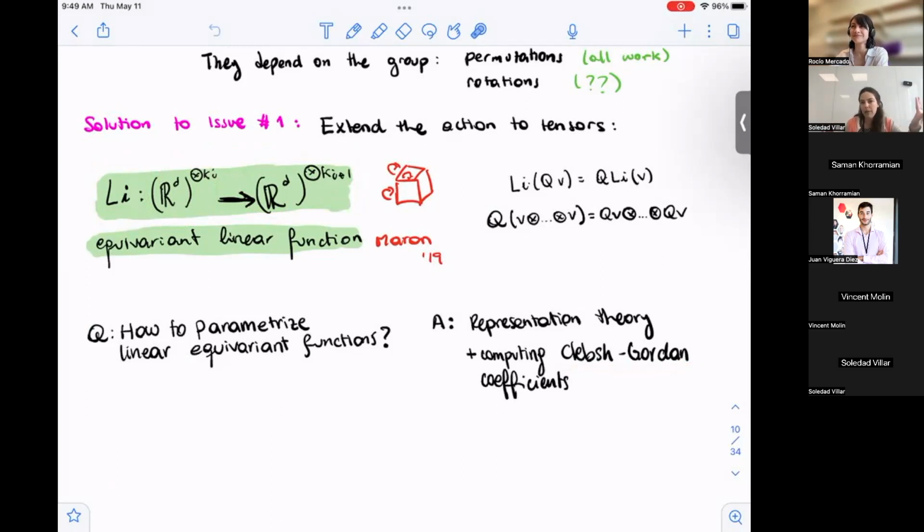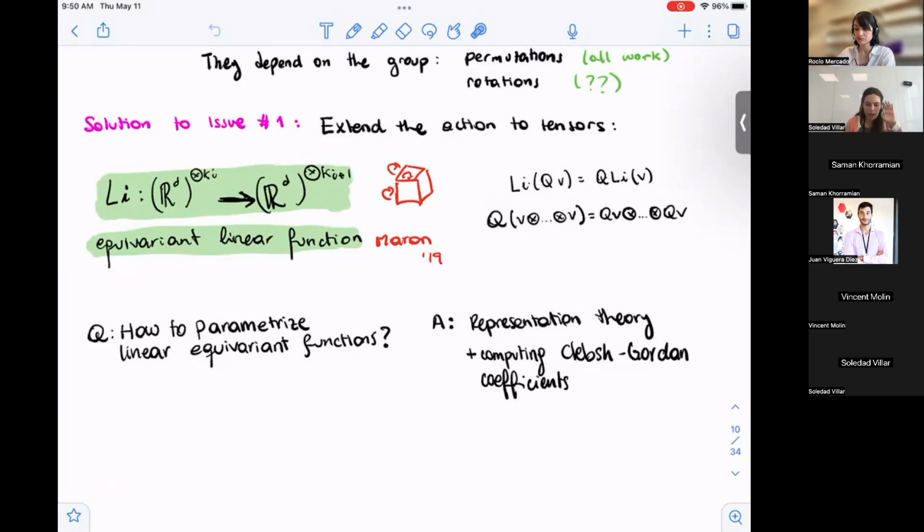If you have questions, we can discuss it now or later. But basically, this is what people do with these n-body networks or these E3 CNNs for molecules, for molecular dynamics.